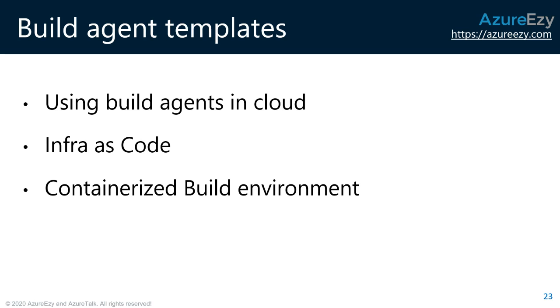The next thing which is coming into picture these days is containerized environment. A lot of people are going from the VM world to the containerized environment, and that is true for the build agent ecosystem as well. You can build your application using a container approach, and that way it again reduces your cost and reduces your maintenance, because when you are building a container using some Docker file, you can reuse it again and again.